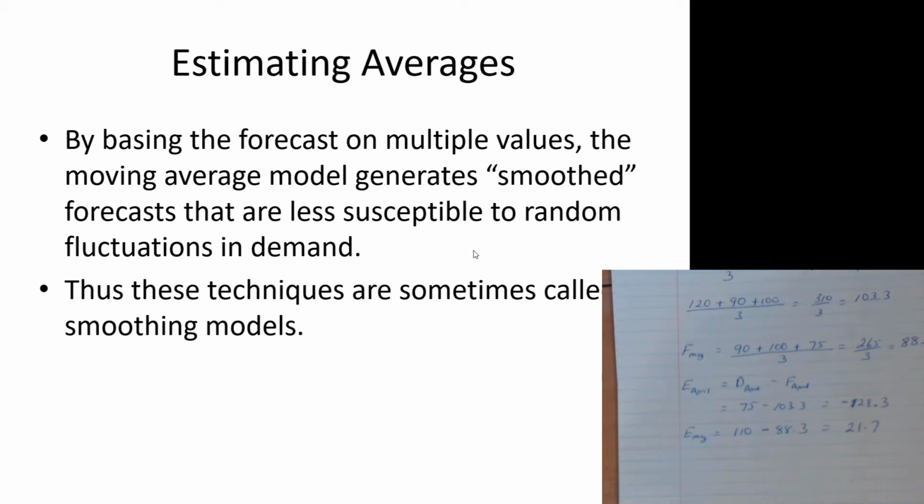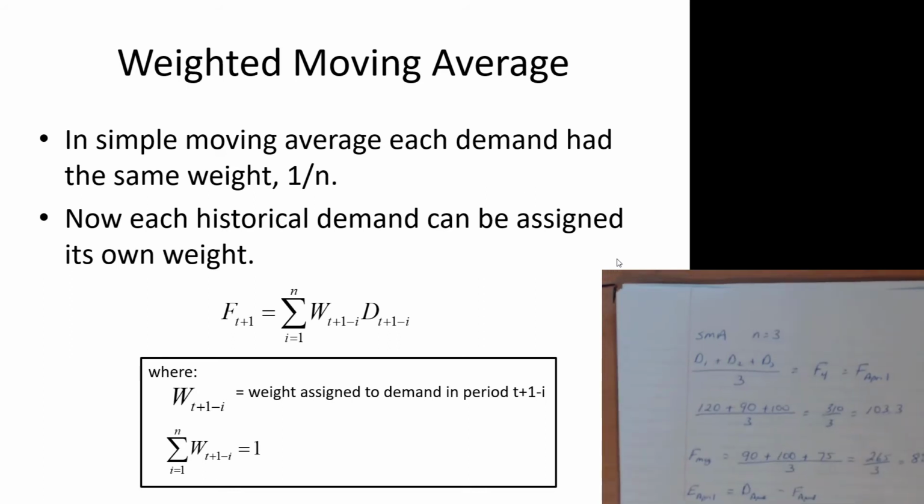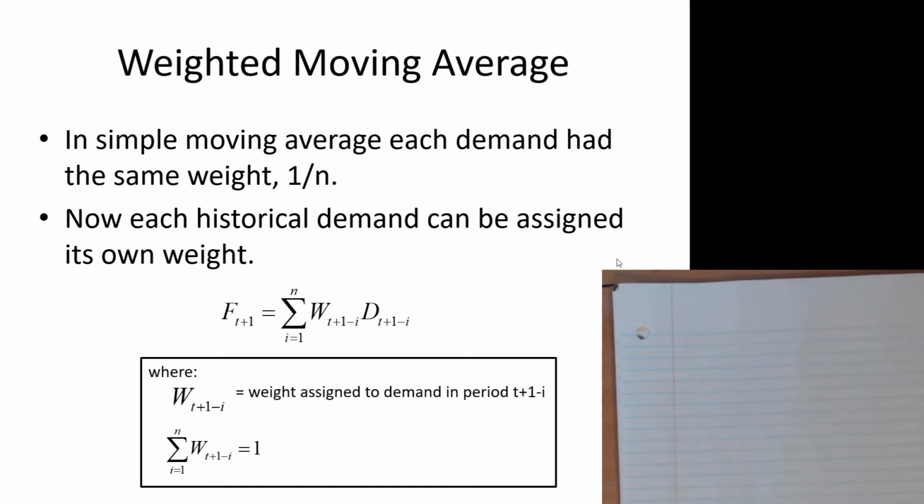Okay. So now we're going to delve into these smoothing models, the weighted moving average and the exponential smoothing average. Both weighted moving averages, both very popular forecasting tools. Okay, so the weighted moving average, yes, if you thought that the subscripts we've seen before looked nasty, like something your cat puked up on the carpet.